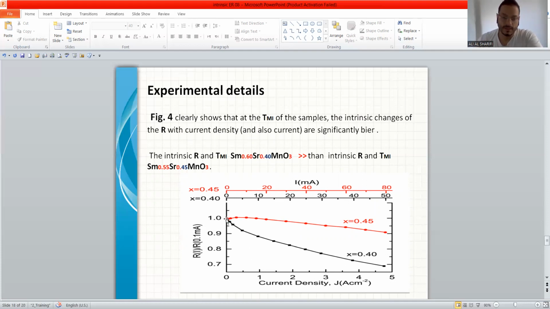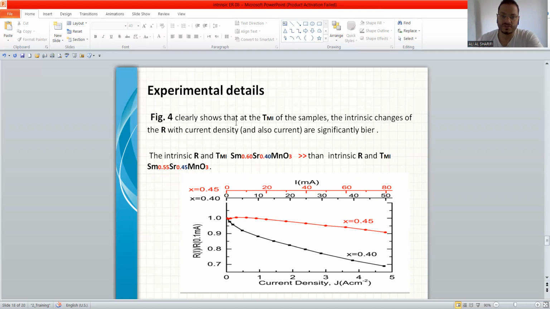But here, sure, we have a decrease in the resistance too, but the situation is different. It starts from 1 and at approximately 0.95. It's less than approximately 0.7.